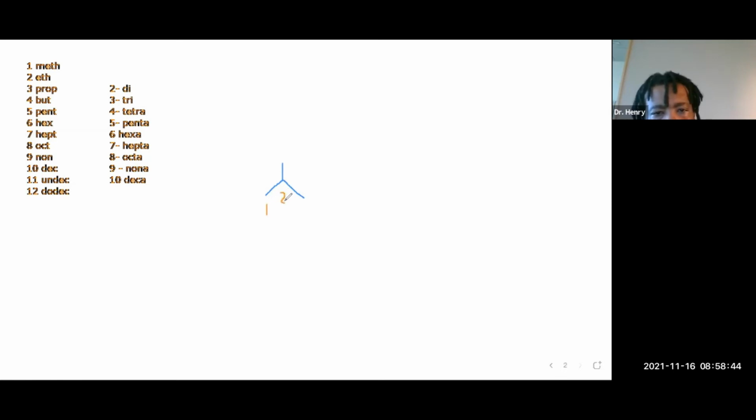That's 1, 2, 3, so that's 3 carbons. And then there would be one carbon hanging off of it. Since it's one carbon, we put meth, and then we put yl at the end. We'd have to say where it's located, 2-methyl, not yn, yl at the end of it.